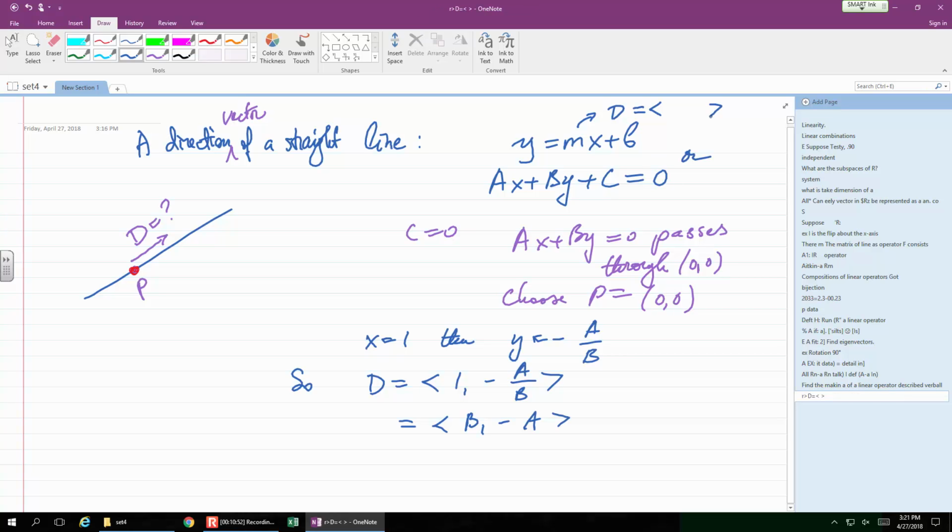What's the meaning of the slope? Rise over run. So if I progress 1 unit horizontally, then I progress by m vertically. So right there you have your answer.